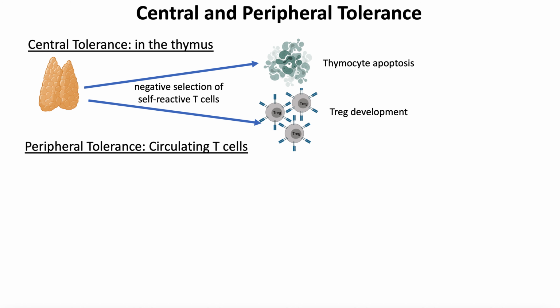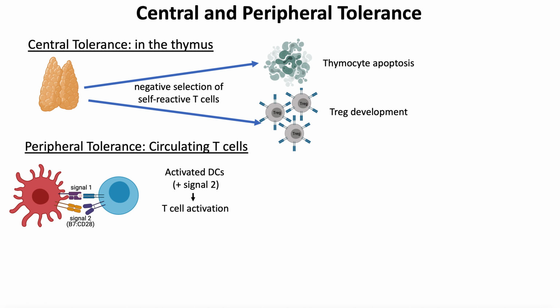Now, in the periphery, circulating T cells may see activated dendritic cells presenting antigens. In this example, this is an activated dendritic cell also presenting co-stimulatory signals. And so signal 1 plus signal 2 leads to full T cell activation.